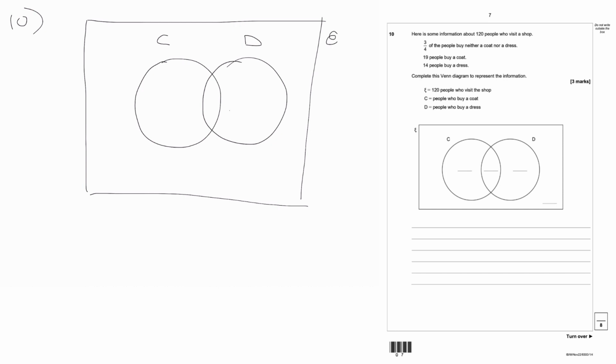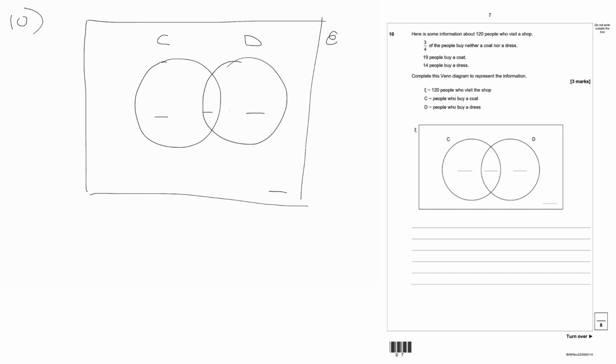We have that 19 people buy a coat, and we have that 14 people buy a dress. And we're told that in total 120 people visit the shop. So we want to fill in the number of people who just buy a coat, the number of people who buy both, the number of people who buy just a dress, and the number of people who don't buy anything.